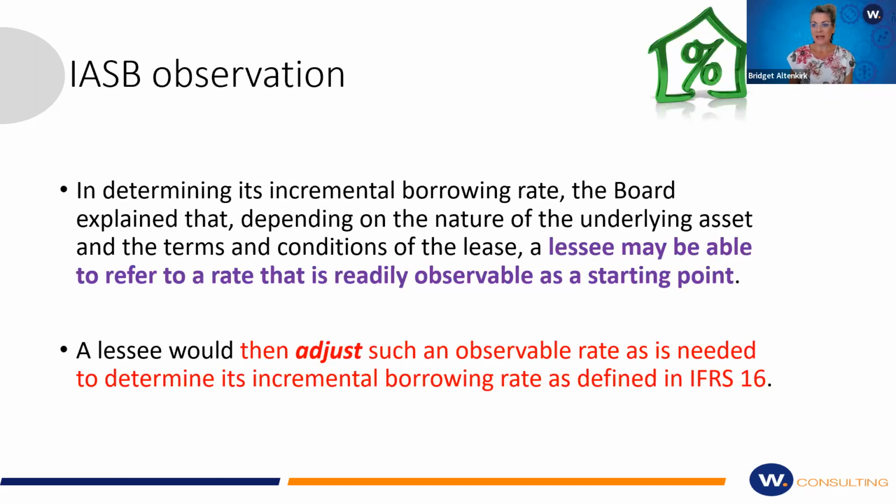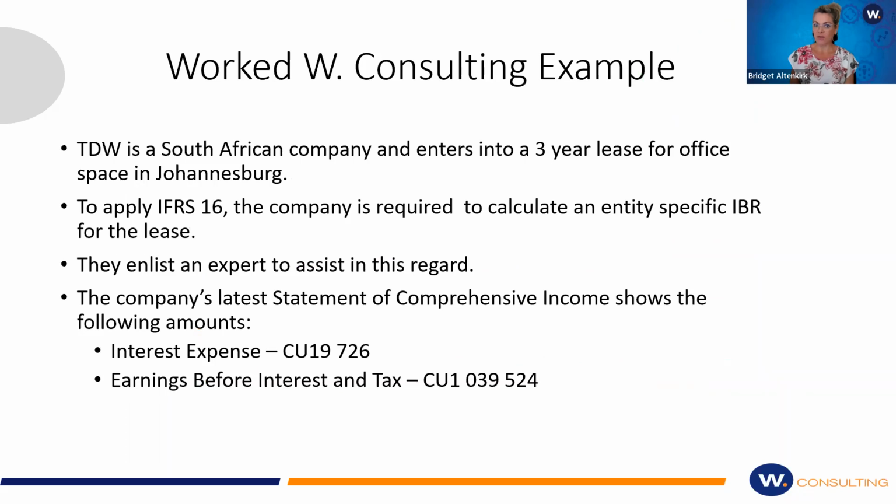So the board says that the lessee may use some other rate as a starting point. So they may start with some market-related rate, for example. They would then need to make adjustments to that rate to obviously get to a rate which approximates the rate that they would be charged if they were to incur additional borrowing at commencement date of the lease.